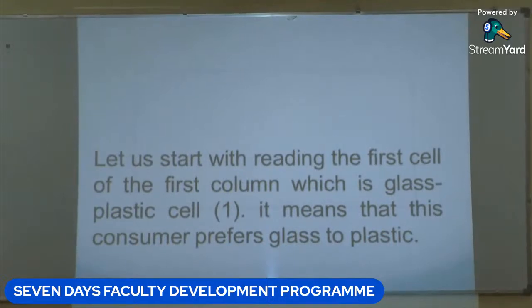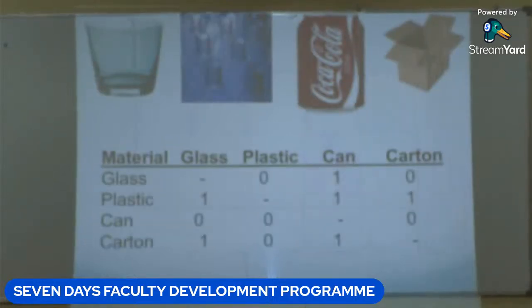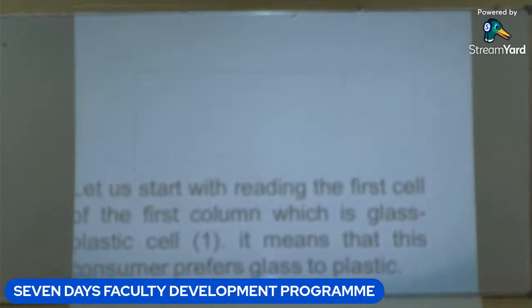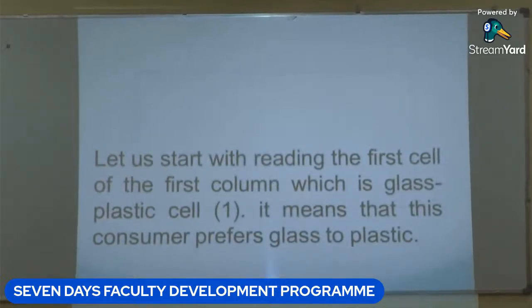Let us read it like this. Let us start with the first cell of the first column, which is the glass plastic cell. We read it as 1, which means the consumer prefers glass to plastic.